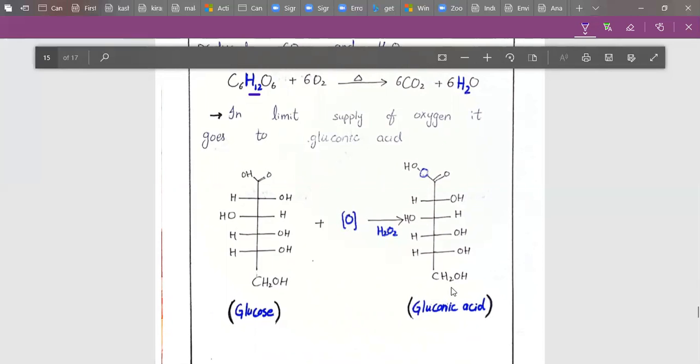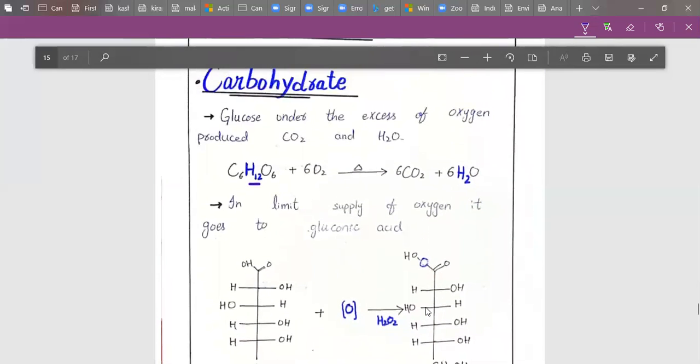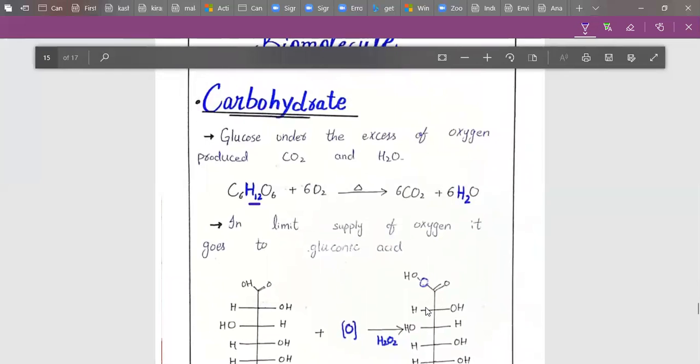Then this formula is called gluconic acid. In carbohydrates, we can take a monosaccharide, not a polysaccharide, because polysaccharides are made up of monosaccharide sugars. That's why here I can explain only monosaccharides, and I can explain the examples of monosaccharides.